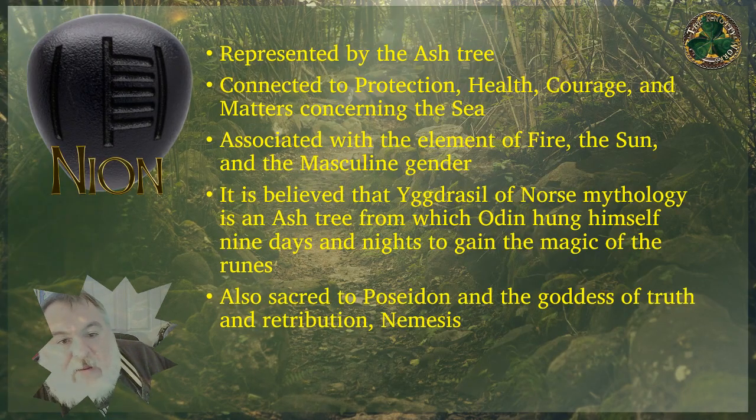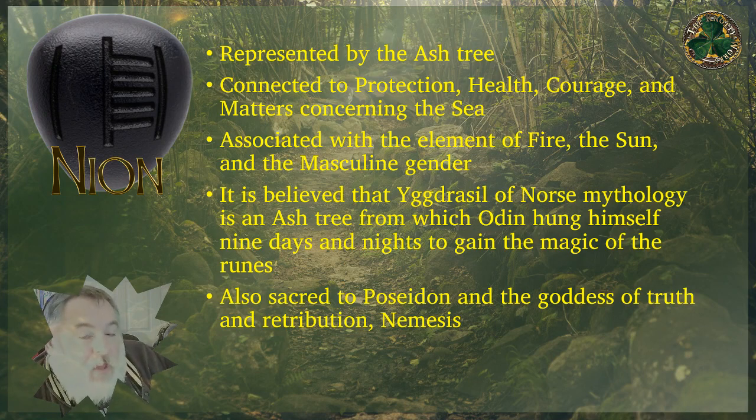Next we have Nion. It is five lines facing to the right, or if looking horizontally, they would be facing down, represented by the ash tree, connected to protection, health, courage, and matters concerning the sea. Associated with the element of fire, the sun, and the masculine gender.